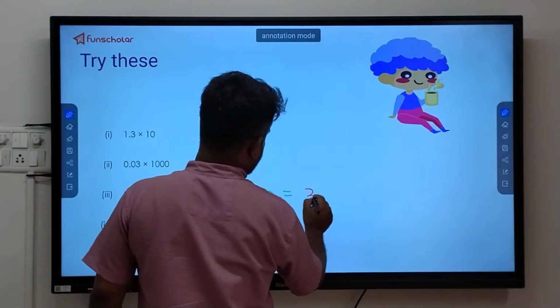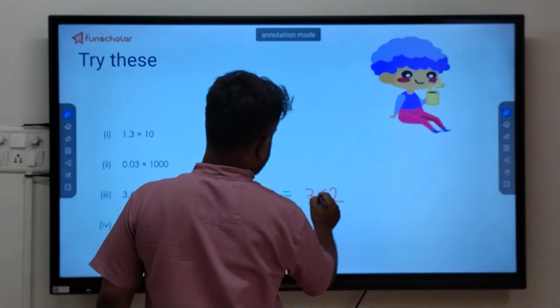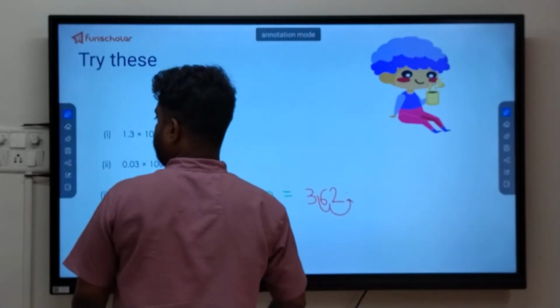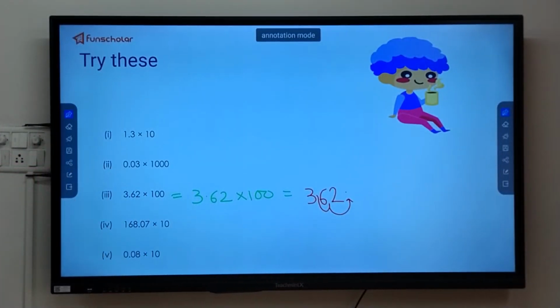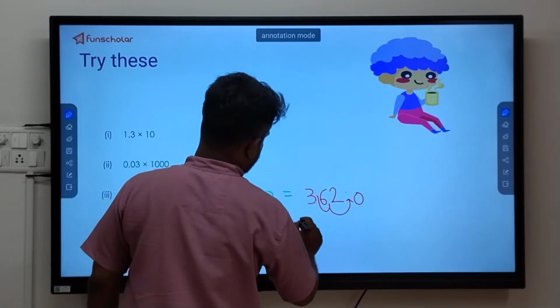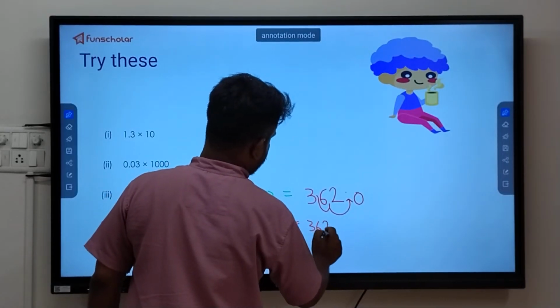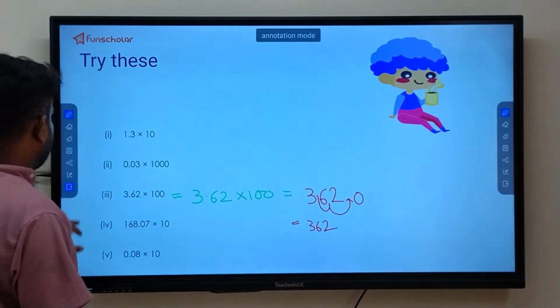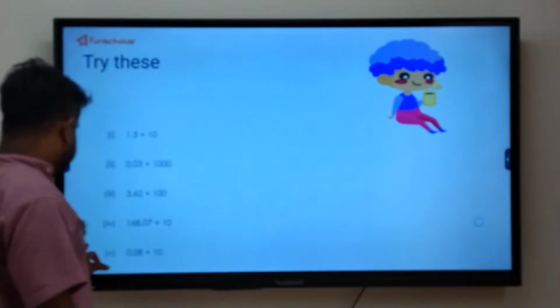We just take the point to the last position, to the right, like this. So the answer will be 362. Let's go to the next one.